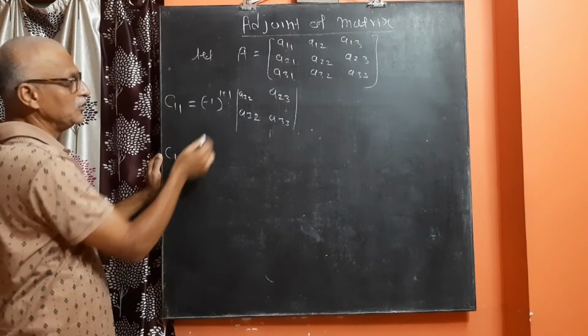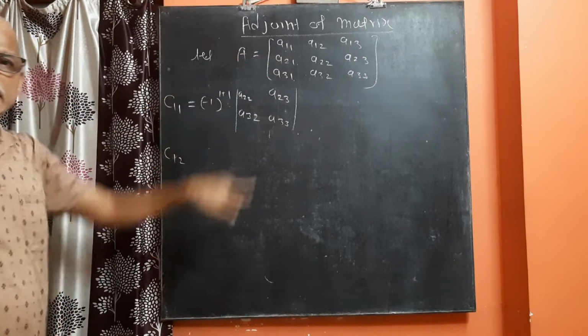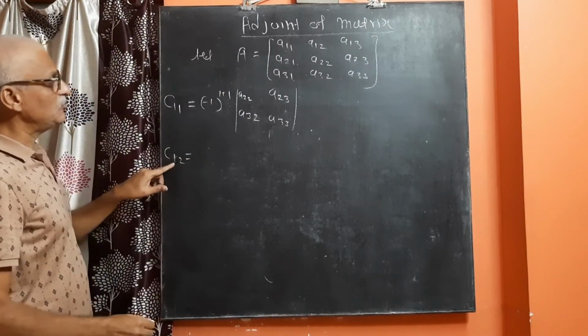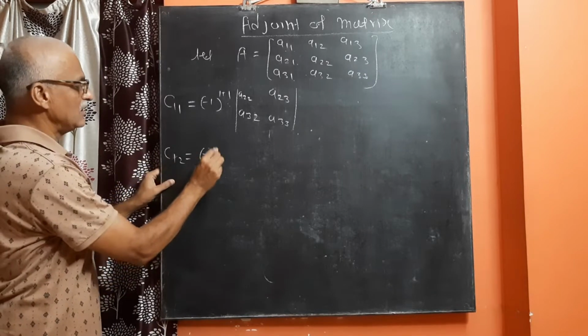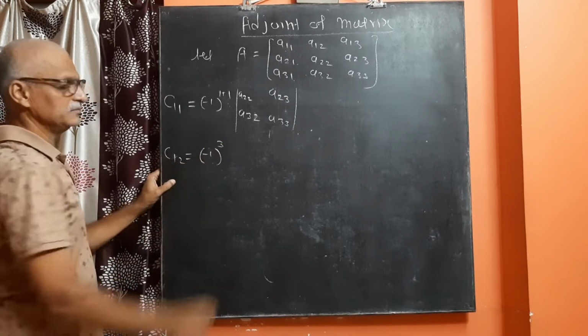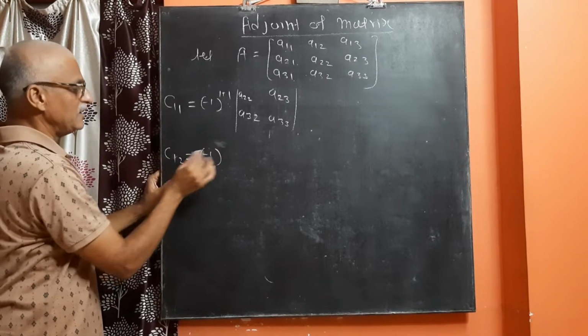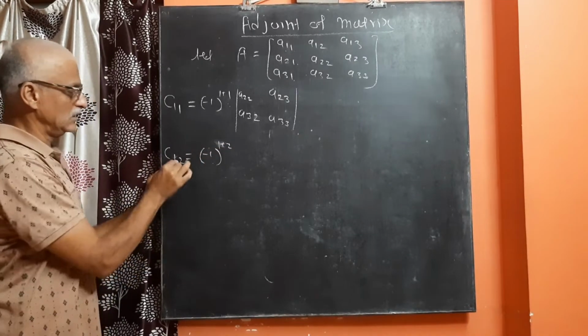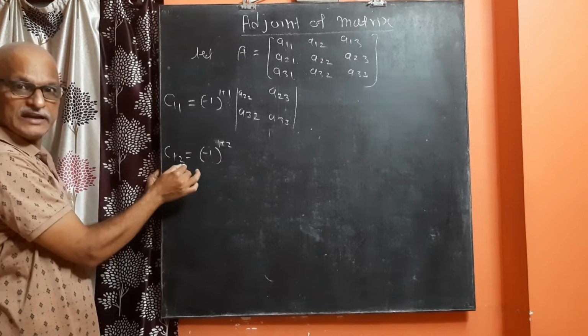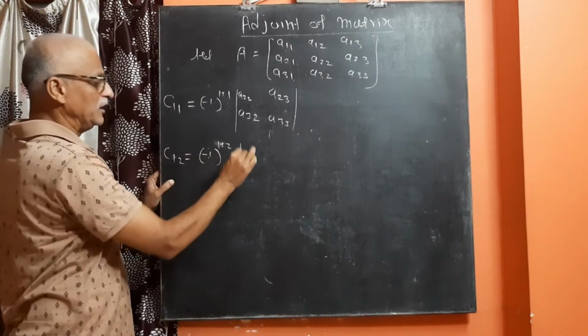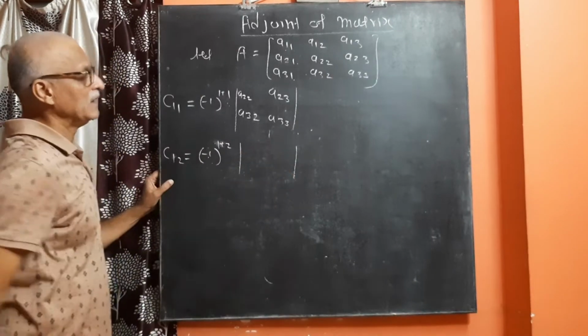Now C12. You have to continue; you have to find out all 9 elements. C12 means minus 1 raised to 1 plus 2, that is 3. Where did this 1 and 2 come from? They come from here. C12 is minus 1 raised to 1 plus 2 into the determinant of the remaining elements.